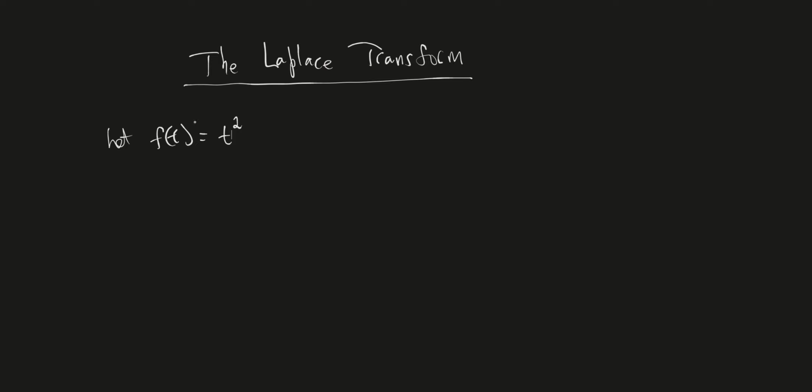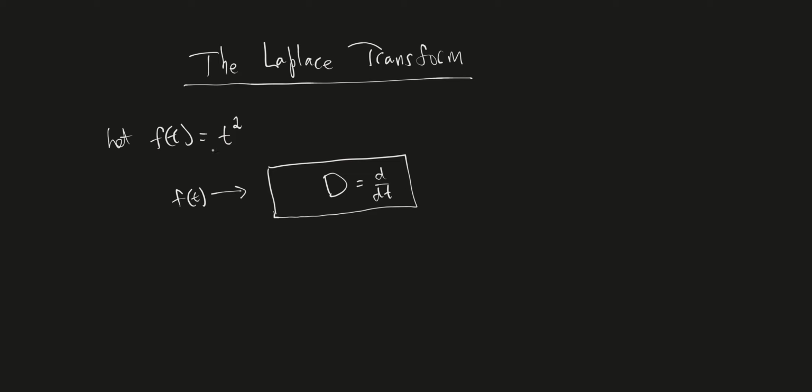In your first semester of calculus, you probably learned about the derivative, and you can think of that as a certain transform. So I'm going to use my magic box here. This is my machine that will do something. If I put this f of t into my derivative, I'm just going to call this d for derivative, or if you wanted to, you could denote it using Leibniz notation.